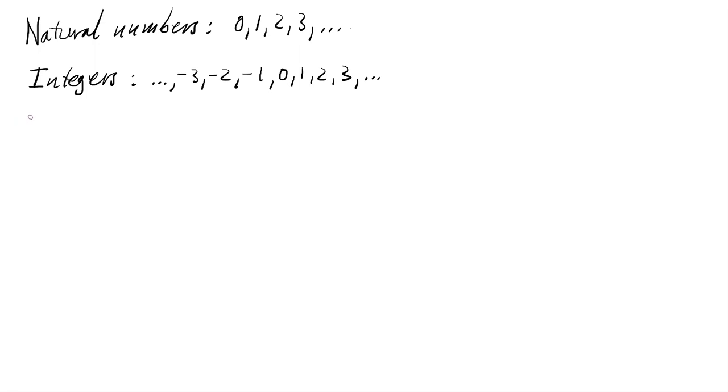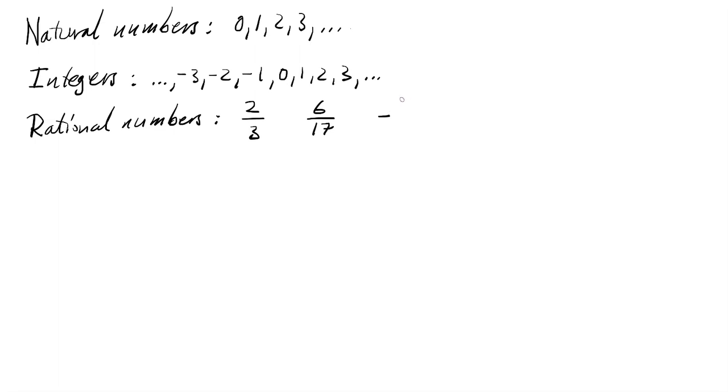Then we also have the rational numbers. And those are, for example, 2/3, or 6/17. We can also write the minus sign in front.